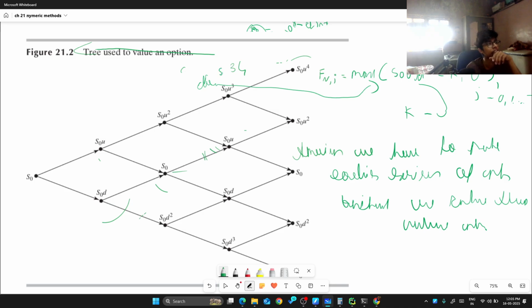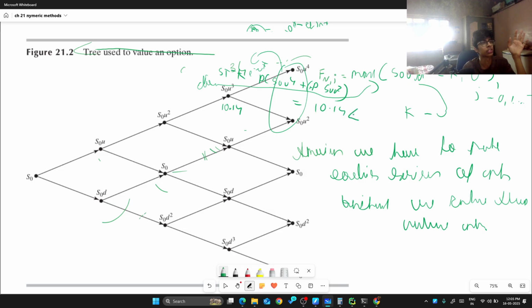Let's say here S_T minus K is 10.14, and the discounted value e to the minus rT times p of the up node plus 1 minus p of the down node is 9.9, which is less than 10.14, then early exercise should be done because the payoff is more.